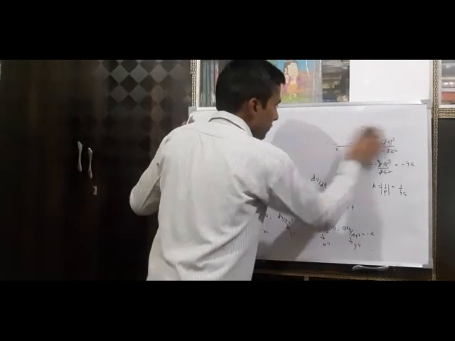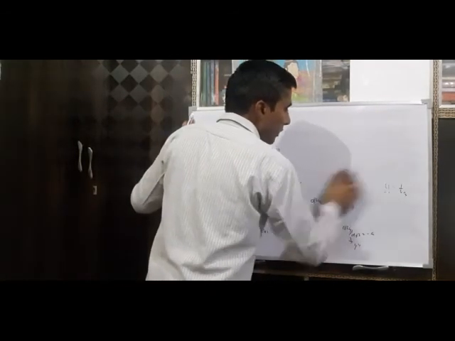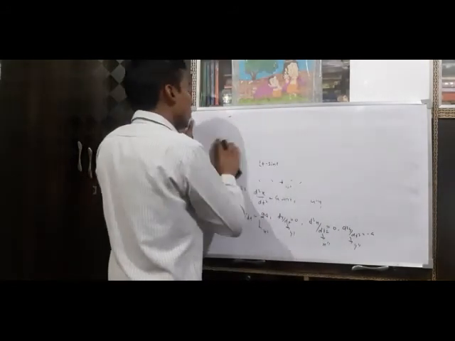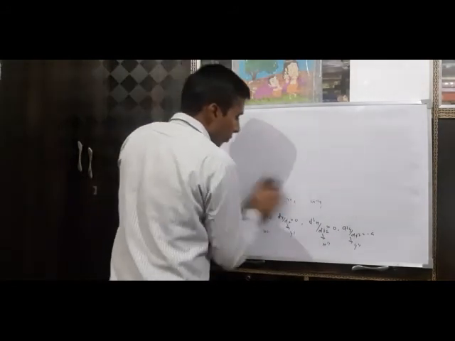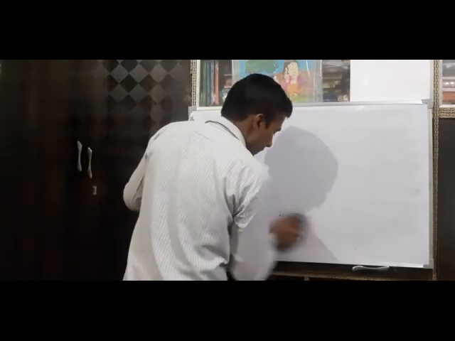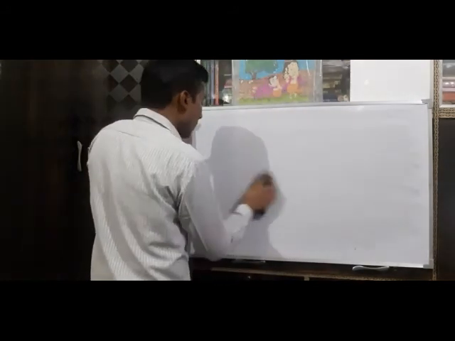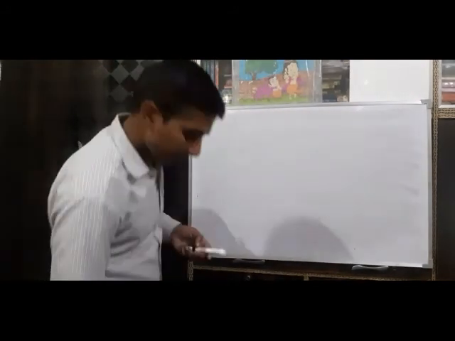Now we discuss how to determine the radius of curvature for a polar curve. A polar curve means the given curve is denoted as r equal to f theta.